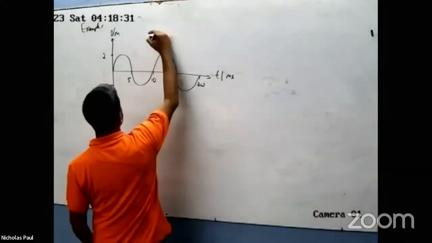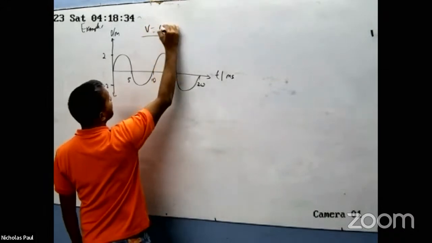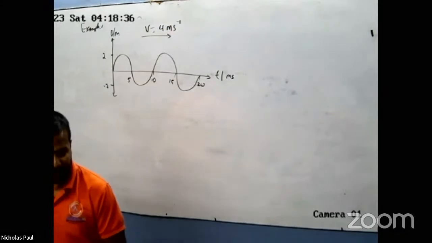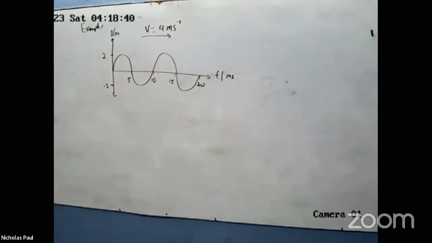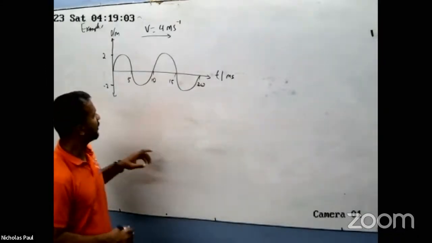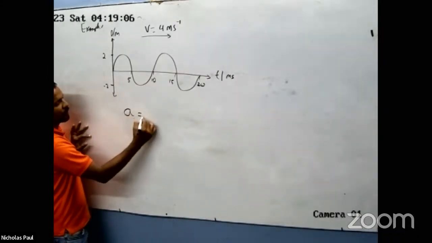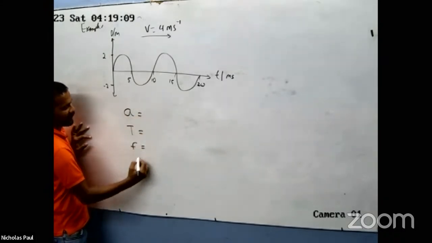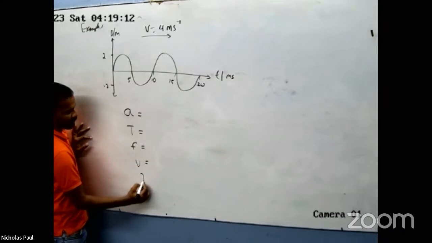And from the board, we want to gather a few things about the wave. We would like to gather amplitude from the wave, and wavelength from everything that we just did. So do me a favor, draw this wave, and let's see if we can get amplitude, period, frequency, speed, wavelength.